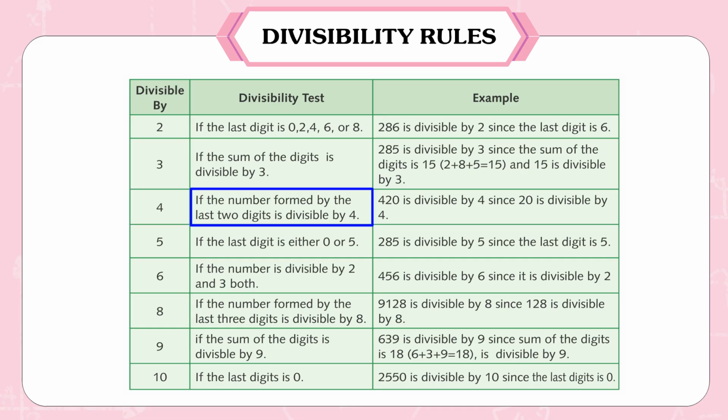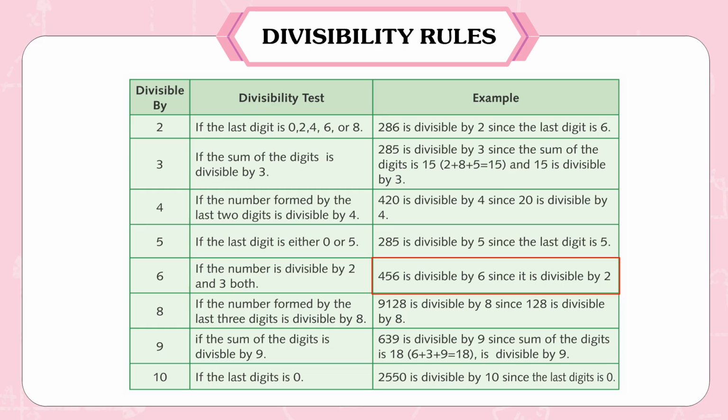4: If the number formed by the last two digits is divisible by 4. Example: 420 is divisible by 4 since 20 is divisible by 4. 5: If the last digit is either 0 or 5. Example: 285 is divisible by 5 since the last digit is 5. 6: If the number is divisible by 2 and 3 both.